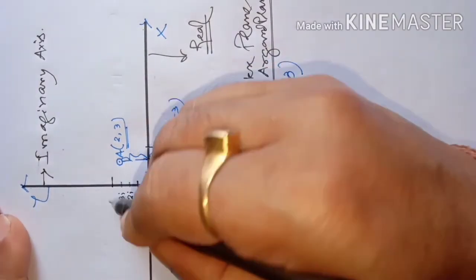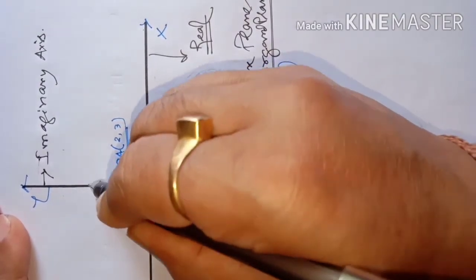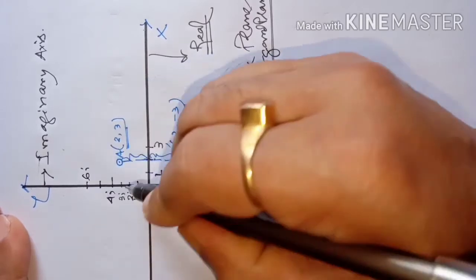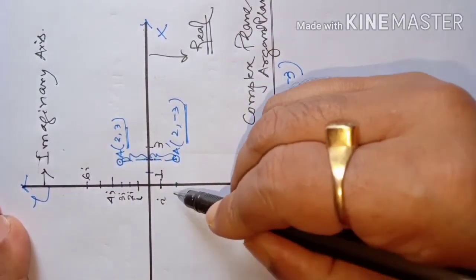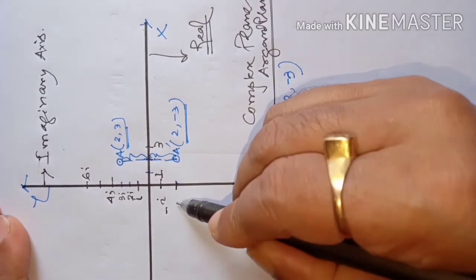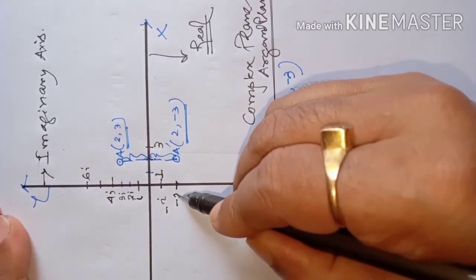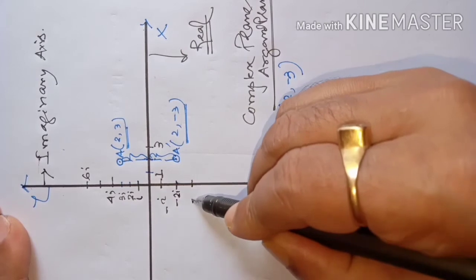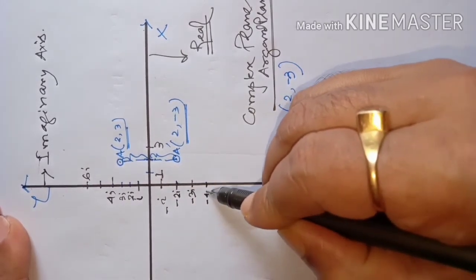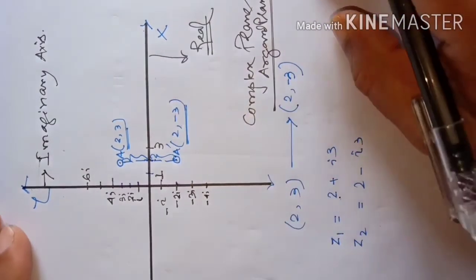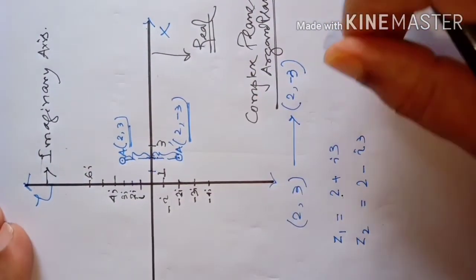So here will be 4 iota, 5 iota, 6 iota. In the negative part, minus iota, minus 2 iota, minus 3 iota, that way it will go on. So any complex number you want to represent geometrically, you can do so in this plane.